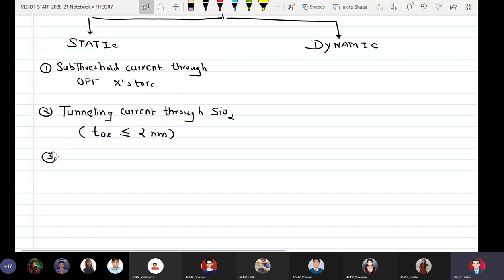The third factor to static power dissipation is leakage through reverse bias diodes, and fourth is contention current in ratioed circuits.